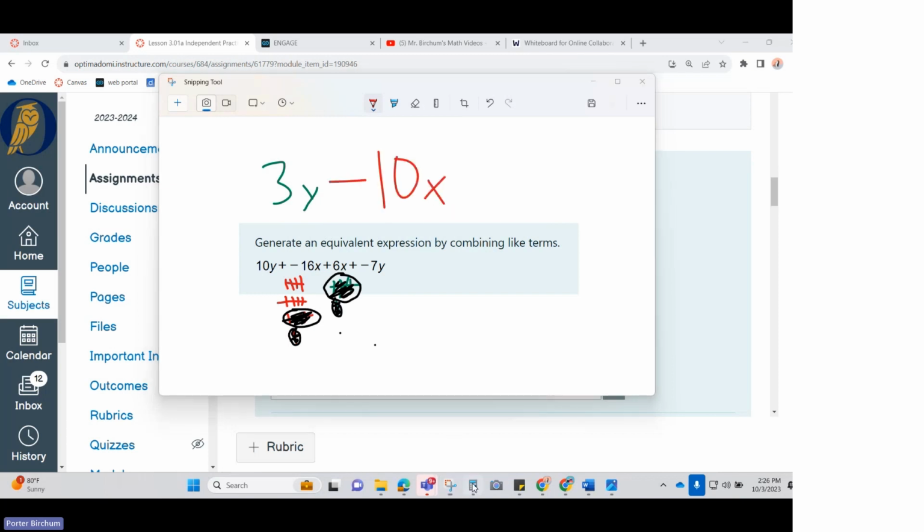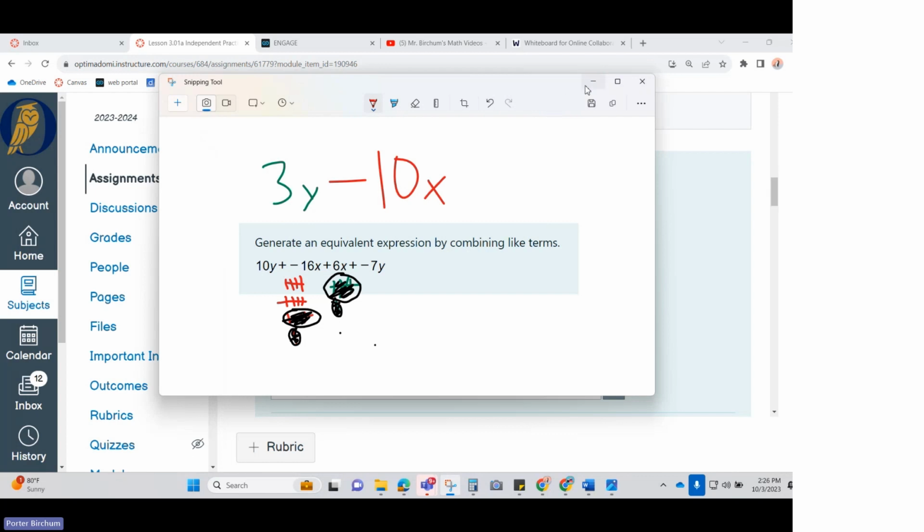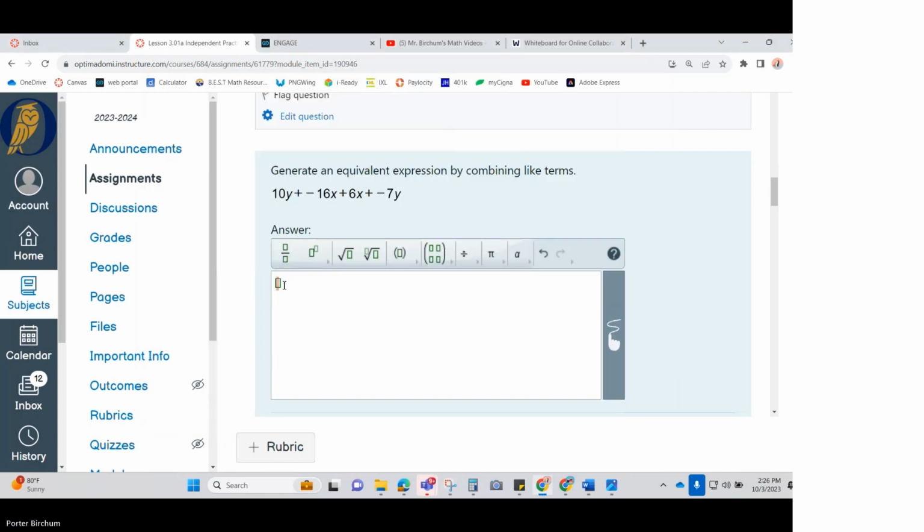You could have also typed in your calculator negative 16 plus 6, negative 10 x's. So 3y minus 10x. Check.